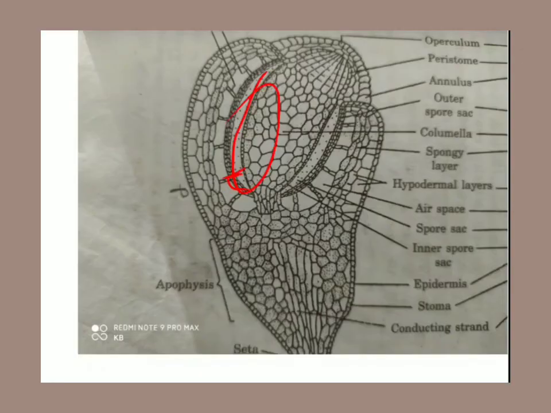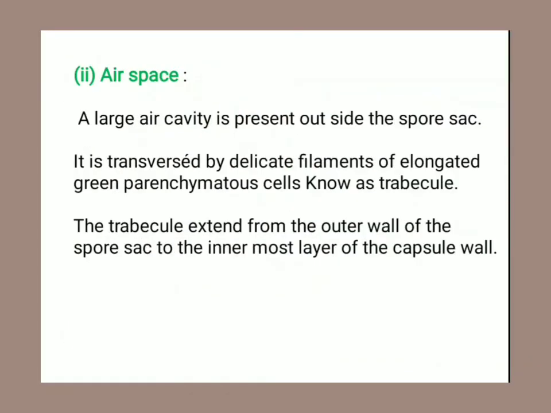You can see this is the connection portion, and all these cells are the trabeculae, which extend from the outer wall of the spore sac to the innermost layer of the capsule wall.